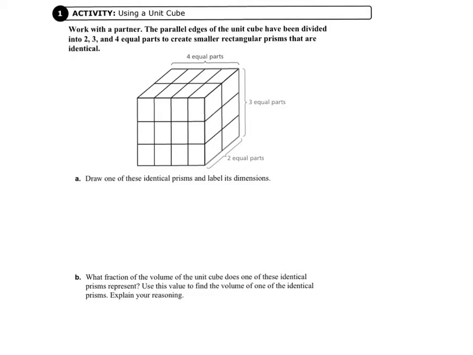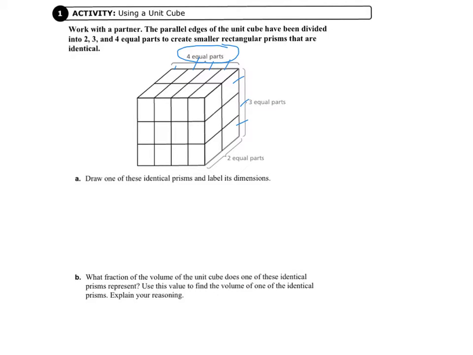So let's look at this carefully, and you see that if you look along the top edge, this has been divided into 4 equal parts. 1, 2, 3, 4. And if you look along the tall edge, the height, it's been divided into 3 equal parts. 1, 2, 3.